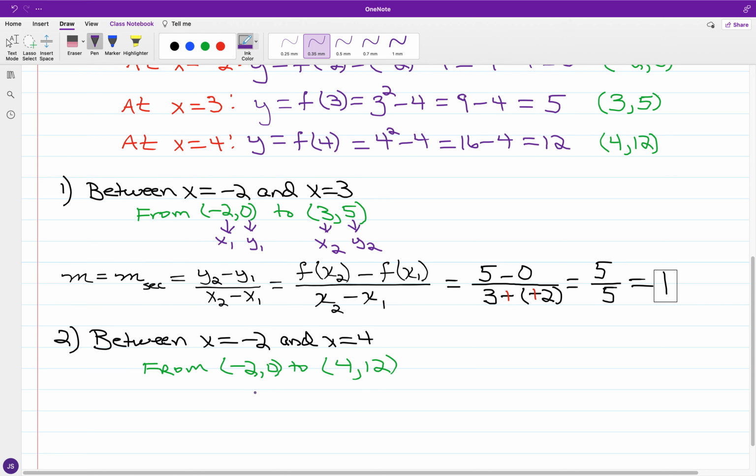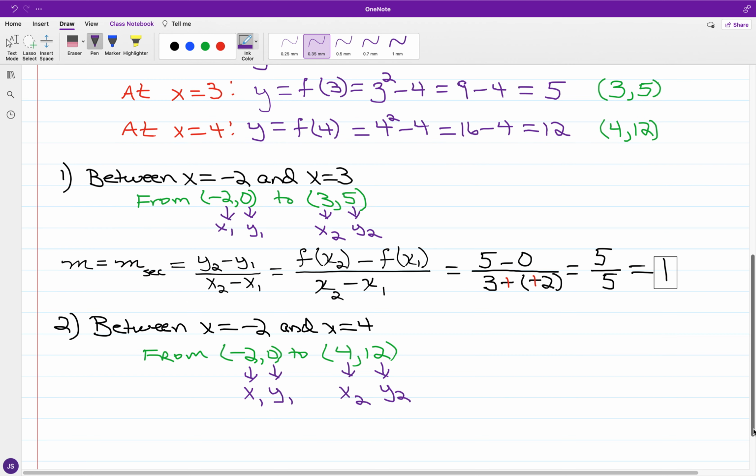Okay, so for the assignment of the values for the first and second x and y coordinates into the average rate of change formula, (-2, 0), we can say we have x of 1, y of 1, and let (4, 12) represent the second set of x and y values.